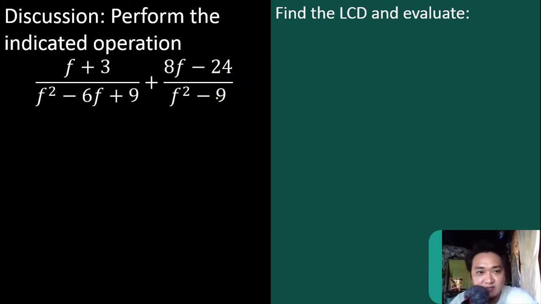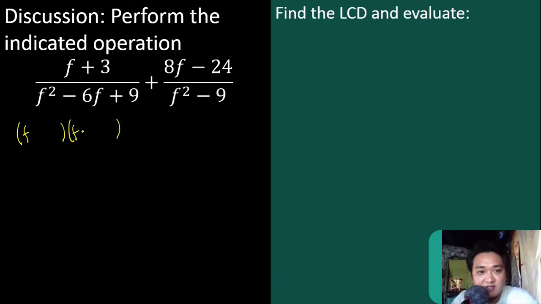For this example, we are going to add this rational expression here over this expression here. Now, before we do that, let us first identify the LCD of these two polynomials. So we are going to identify first the factors of this polynomial so we are sure we do not duplicate factors. So what will be the factor of f squared minus 6f plus 9? So let us make two parentheses again and we will employ trial and error here.